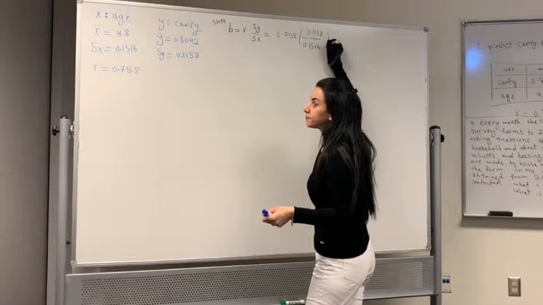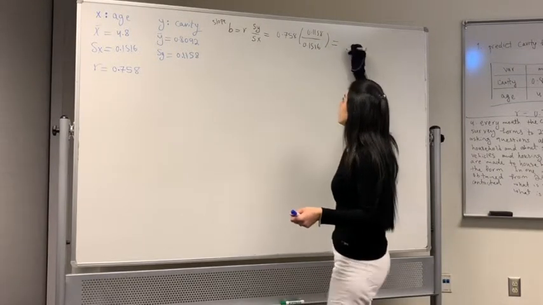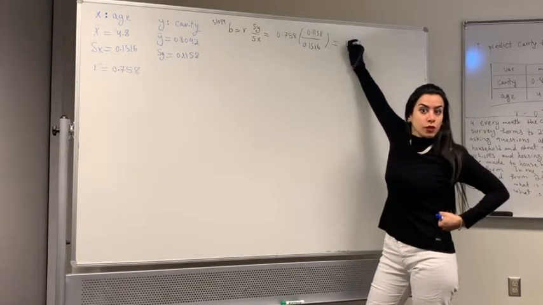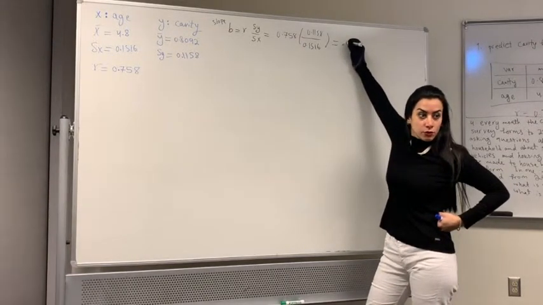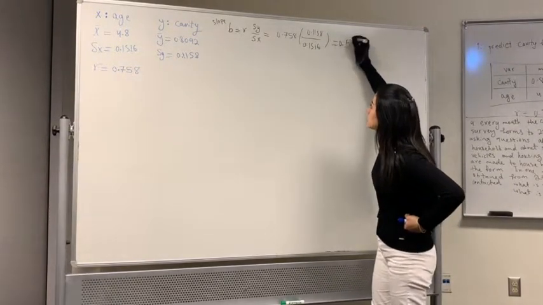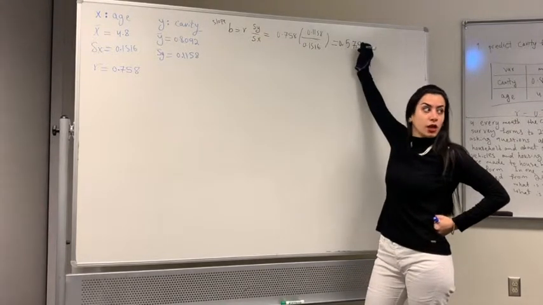Am I right? Correct? So what is the slope you found? 0.579. Correct? Yes. All of you?